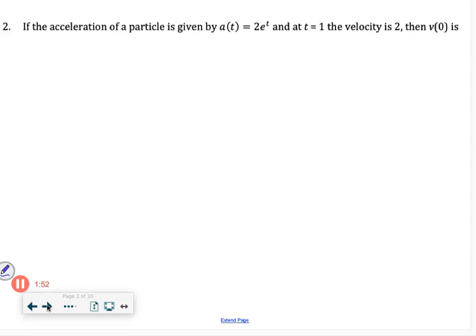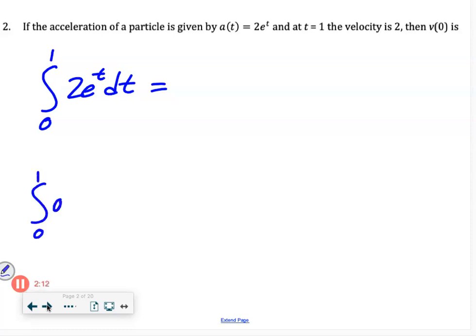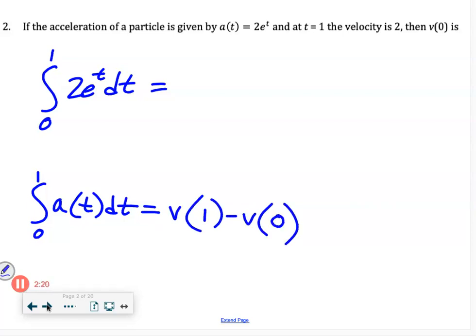So for this, what I would do is I would say, hey, the definite integral from 0 to 1, because those are the two input values we're given, of 2e to the t dt equals, and you know what, I should write this up. Definite integral 0 to 1 of a of t equals v of 1 minus v of 0. So whatever we get, it's equal to v of 1 minus v of 0.